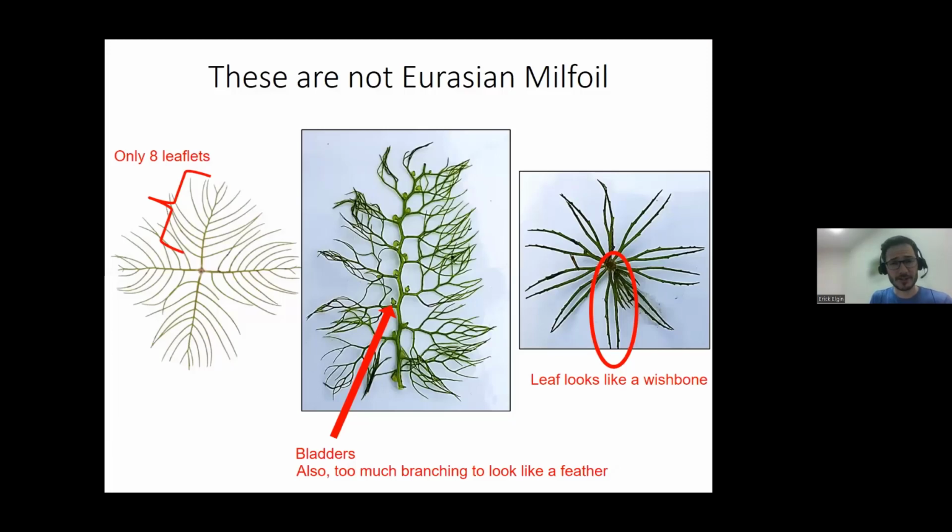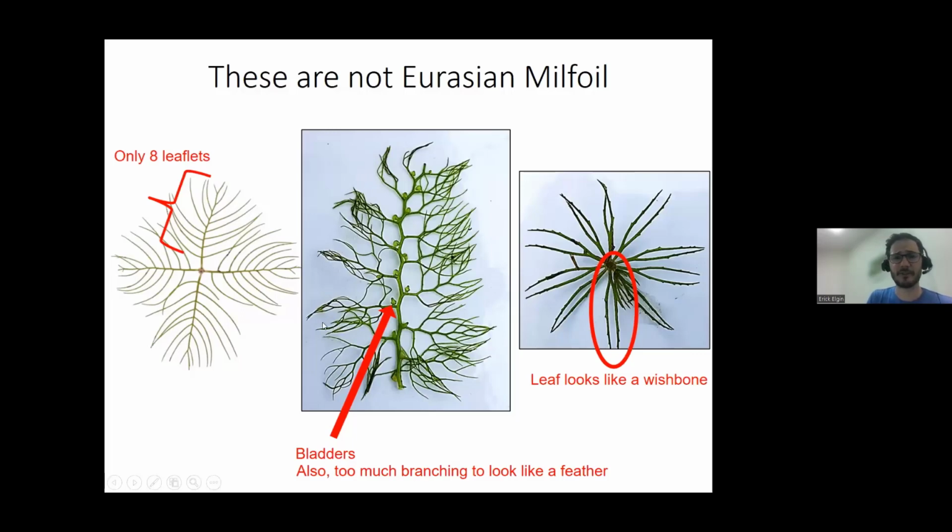Here are some lookalikes to Eurasian water milfoil to note, because there are a few native plants that look close. Here, for example, is our native milfoil. They're all whorled. They have the kid's Christmas tree, feather-like leaf, but they do not have 12 leaflets. Here's an example of a group of plants called bladderworts.